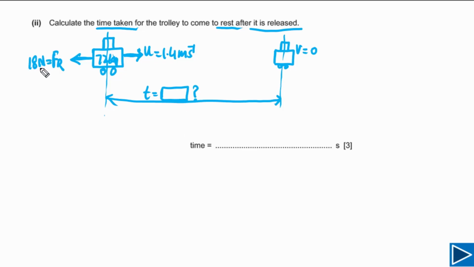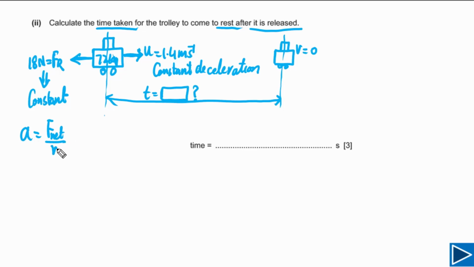As this resistive force is constant, it means the trolley has constant deceleration, because the resistive force acting on this trolley is constant and this is the only force acting on the trolley. So the acceleration, or deceleration in this case, is also constant. We can calculate it by a is equal to F net over m.